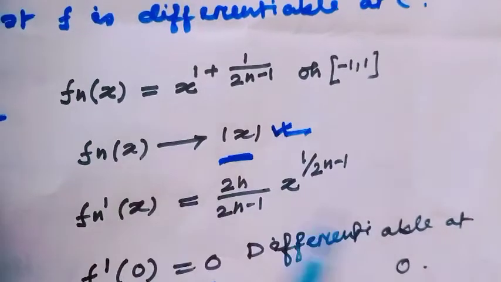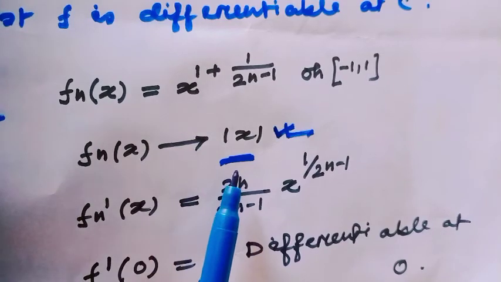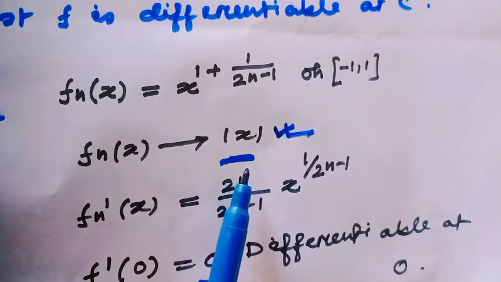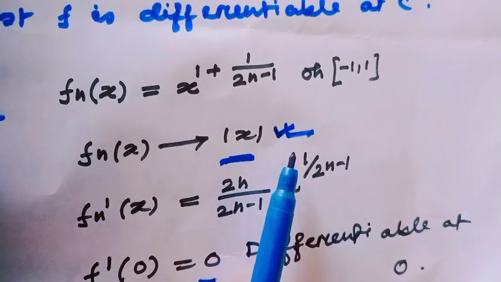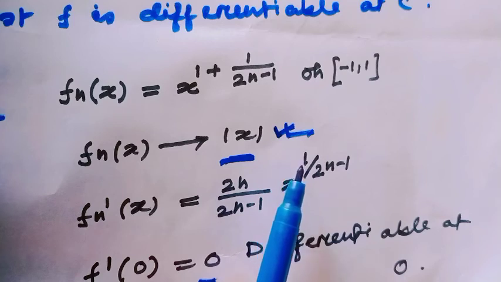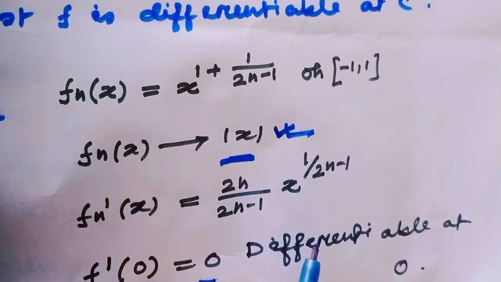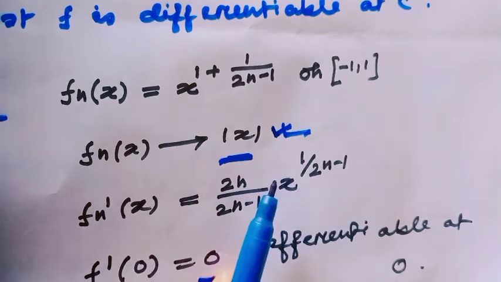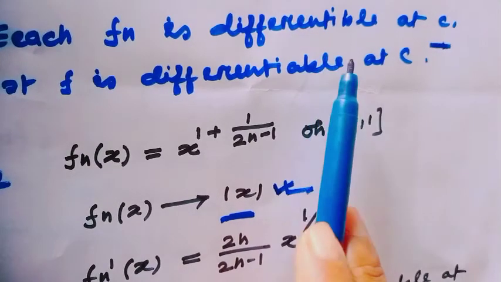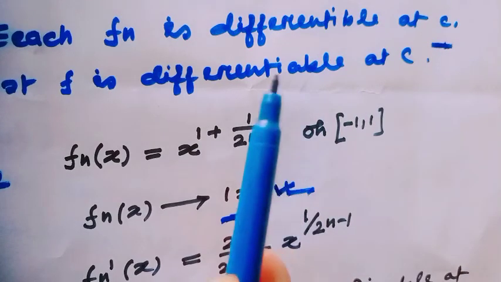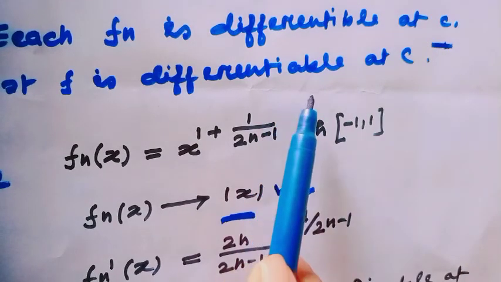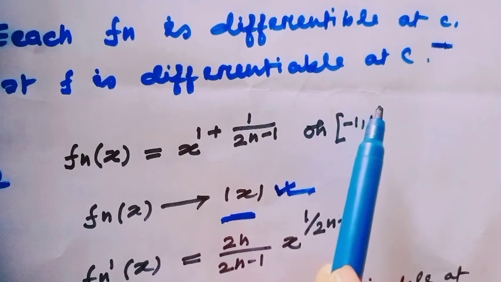But here, look, the function f is not differentiable at the point 0. That means if Fn is differentiable at the point C, that does not imply f is differentiable at the point C.